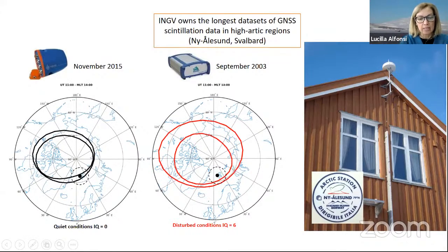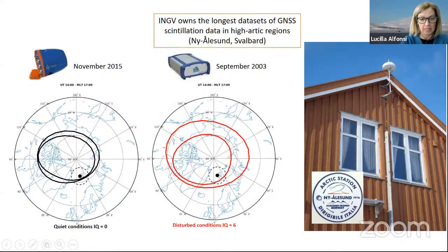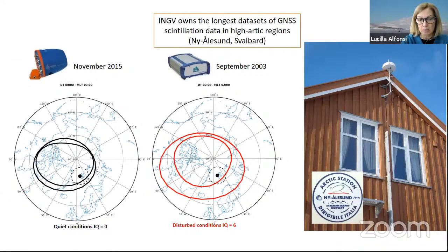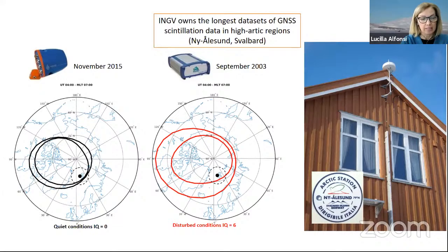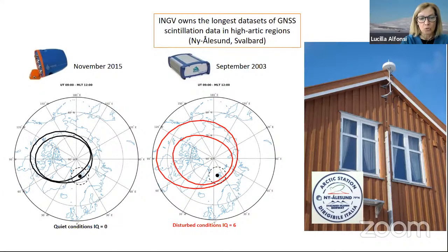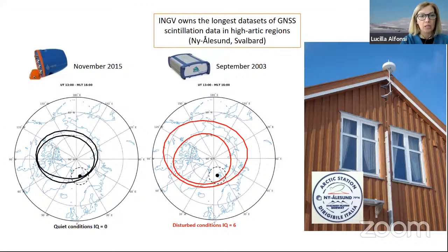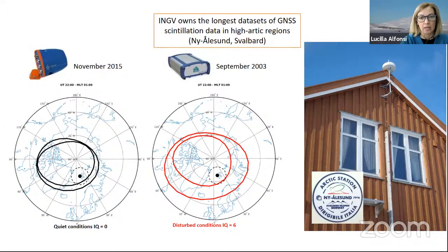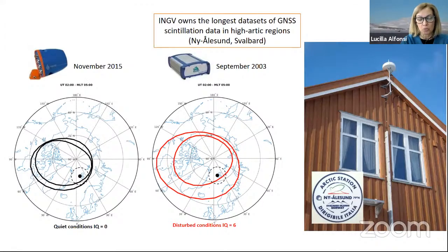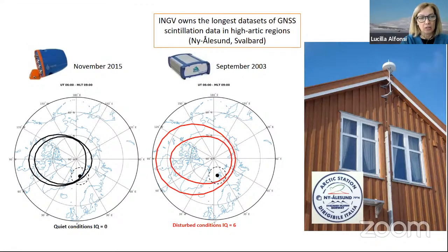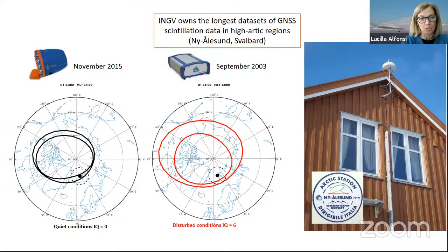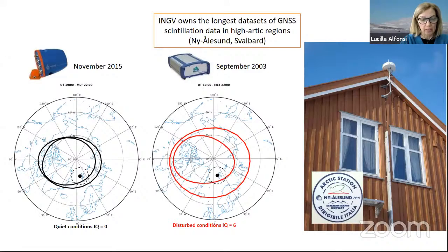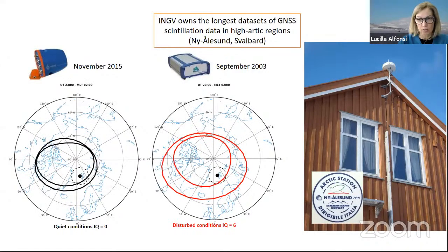And you can easily see that Ny-Ålesund is mainly a cusp station that under certain conditions can also be within the polar cap. So from September 2003, we had data from a Novatel GPS receiver, and in November 2015, we installed a Septentrio receiver capable also of tracking the Galileo and GLONASS constellations.